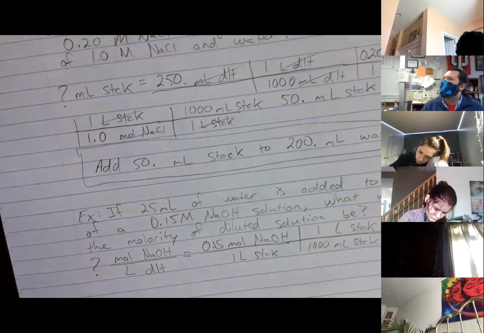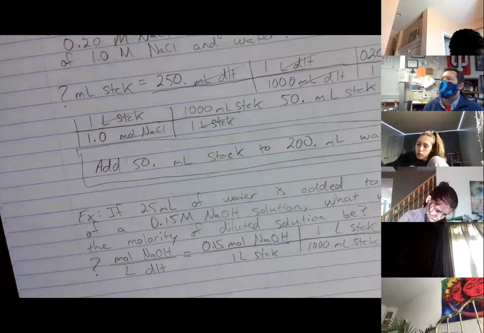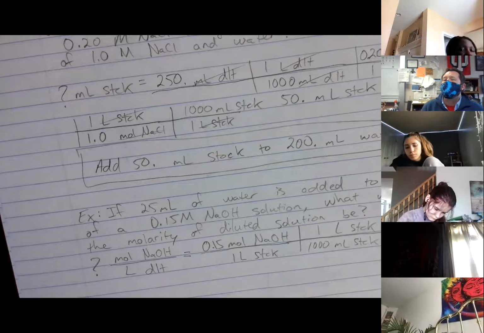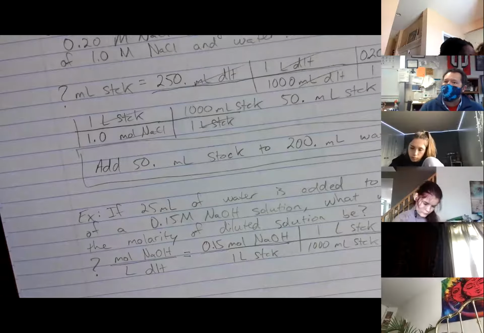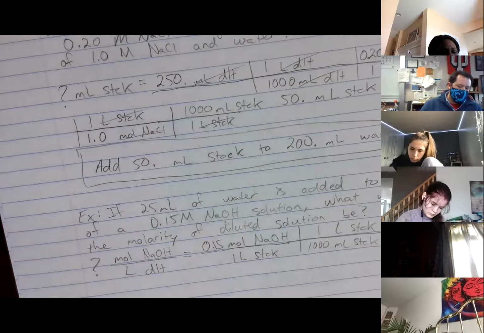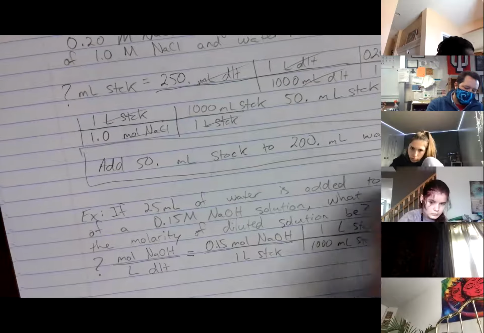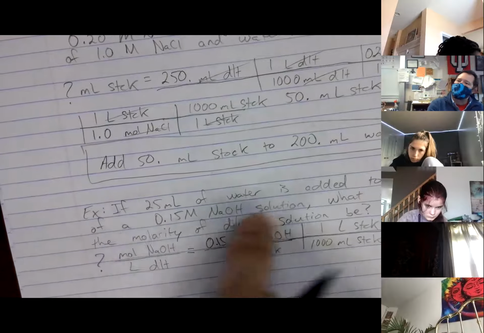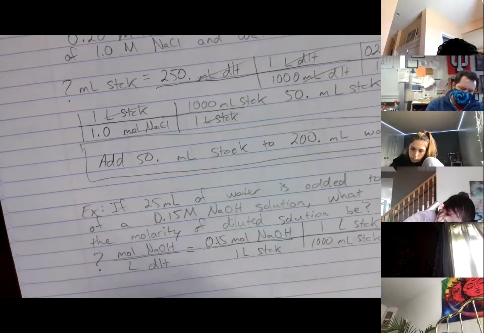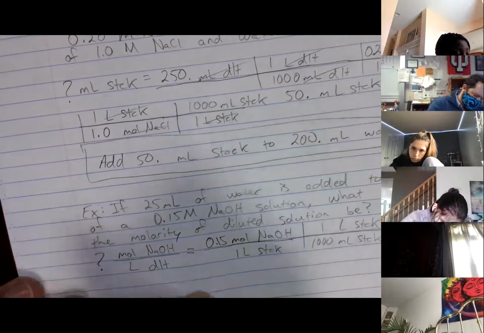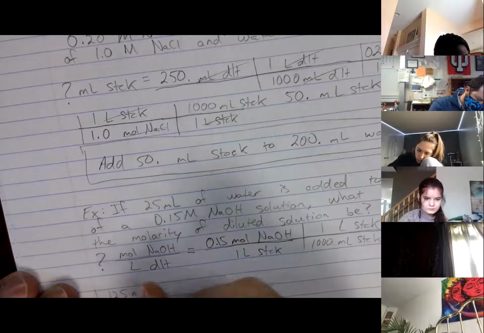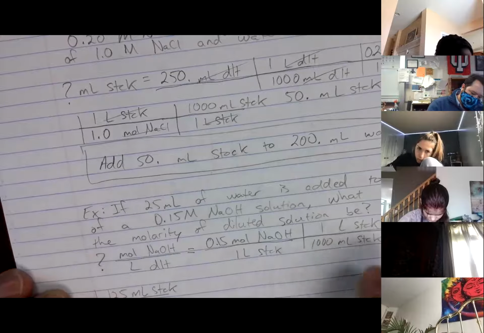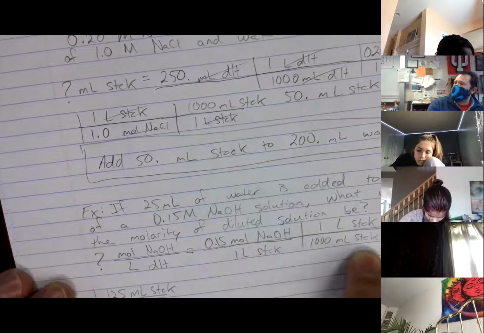Do we have milliliters of stock? Yeah, actually we do. Look, we have 125 milliliters of our stock solution. So I want to put it on top so it cancels out.